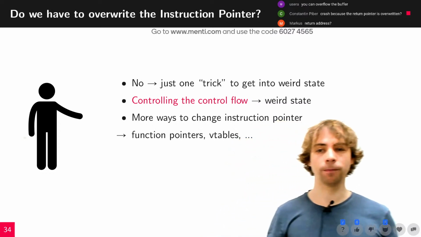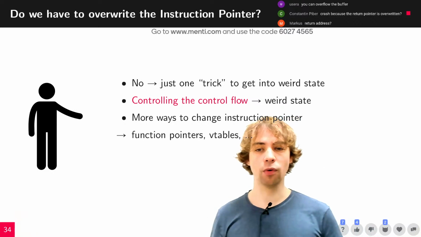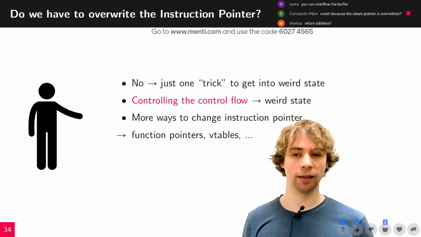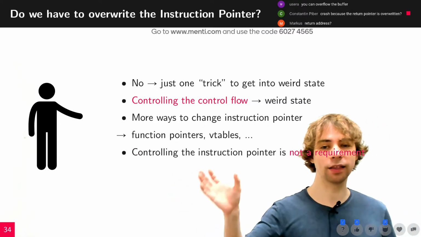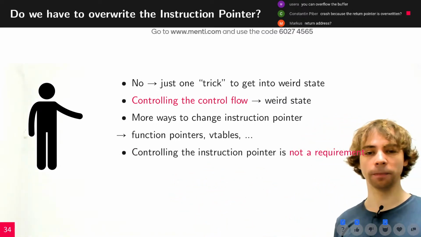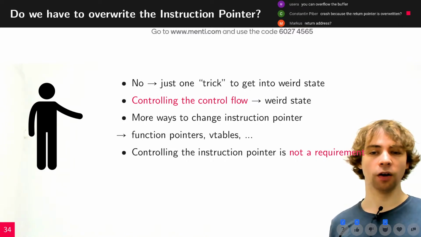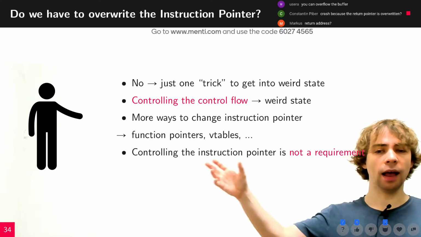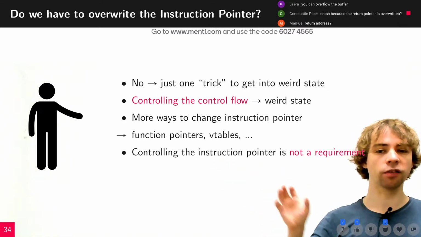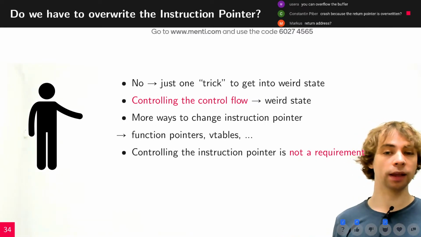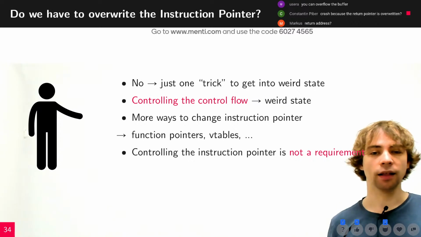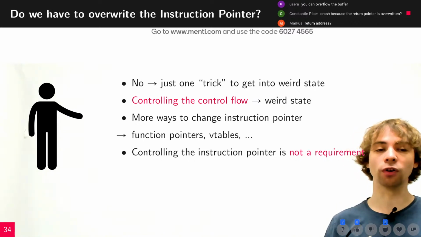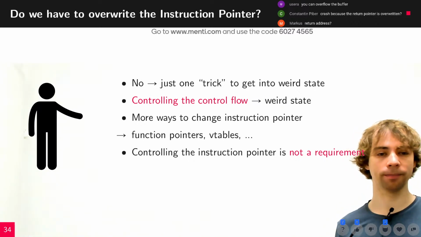And so overwriting the return address is not the only way to do that. So controlling the instruction pointer via the return address is not a requirement, and even controlling the instruction pointer is not a requirement. We can also go through weird states that do not control the instruction pointer.